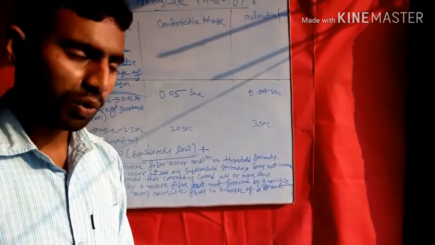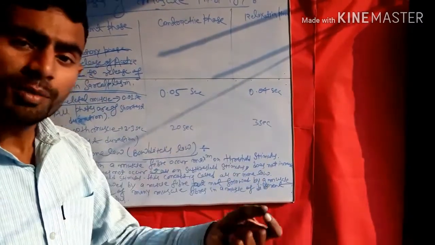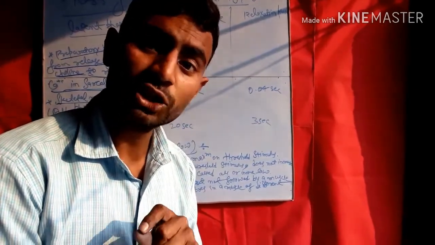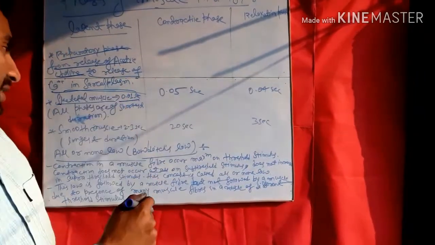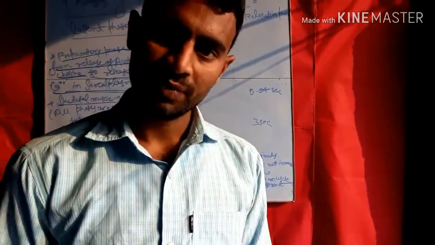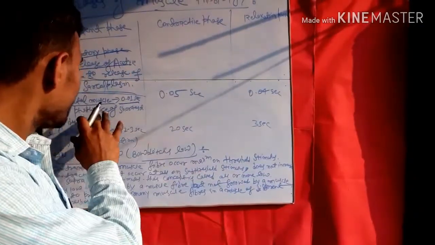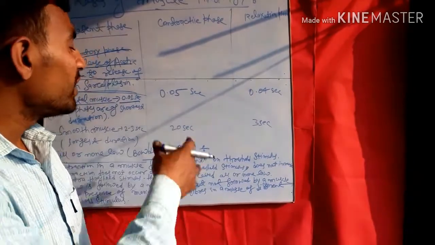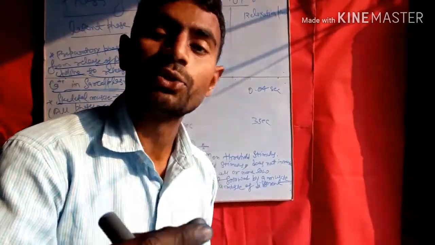For skeletal muscle, the latent phase is 0.01 second, and all these phases are of shortest duration.